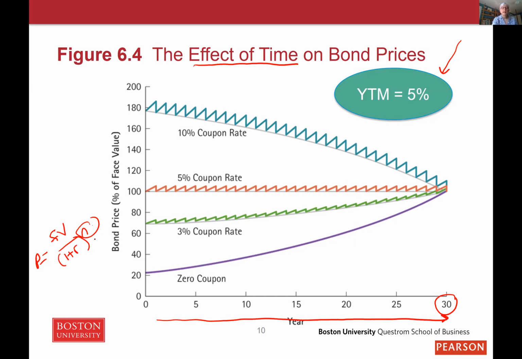So if we're going to get a $100 face value bond, I'll even put the $100 in there. As n gets smaller and smaller, we have an inverse relationship between the price and n. So as n gets smaller, the price is going to go up. As we get closer to 30, our price is going up.